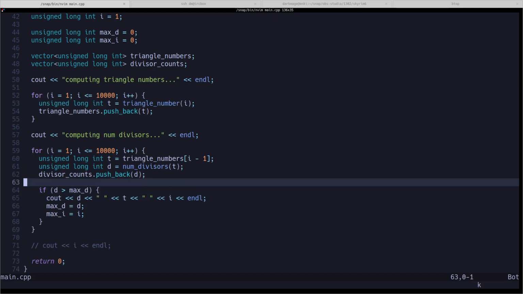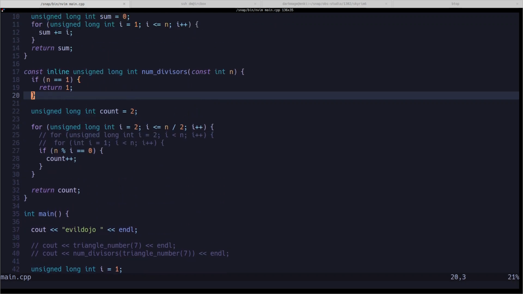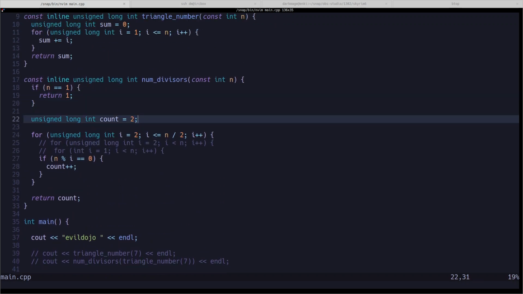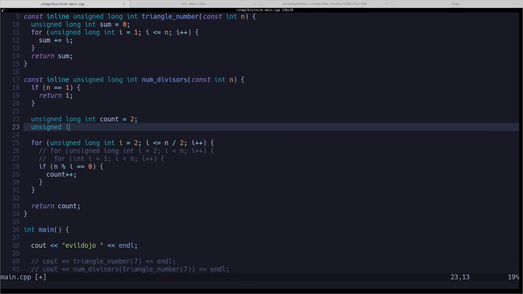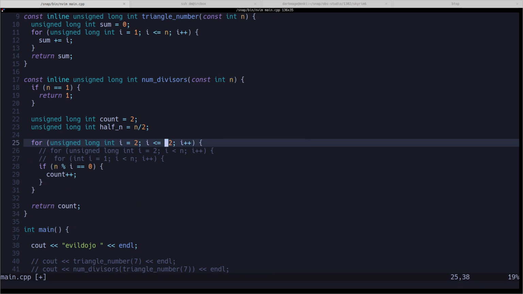I mean, if the compiler's not stupid, it would be half n equals n divided by 2, and i is less than or equal to half n. So if it wasn't badly optimized, it would actually be storing the n divided by 2 and not recomputing it on every loop through.